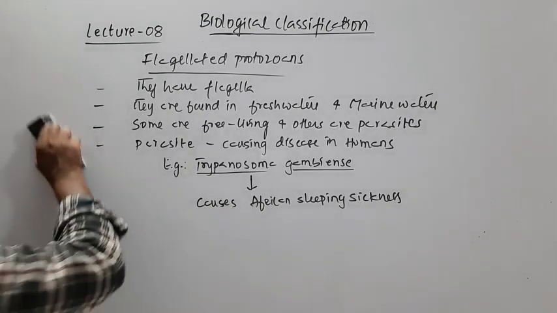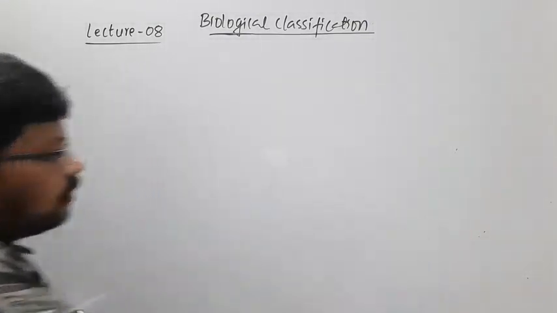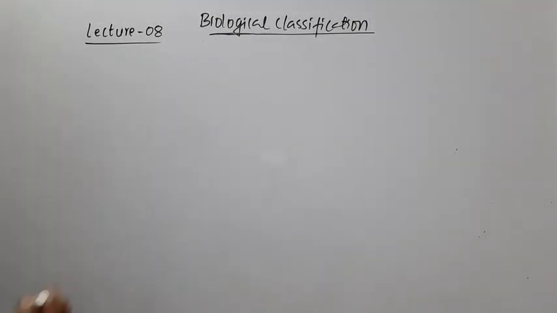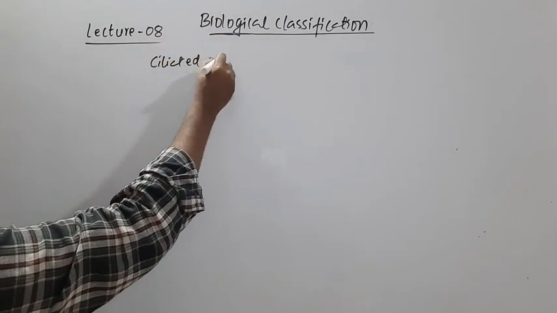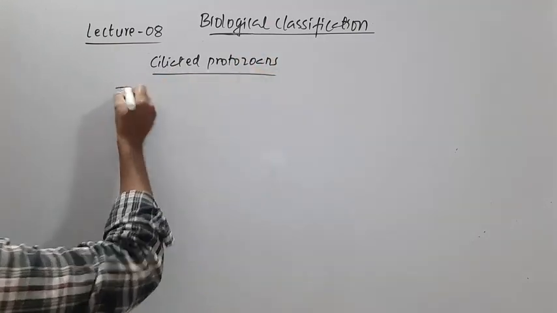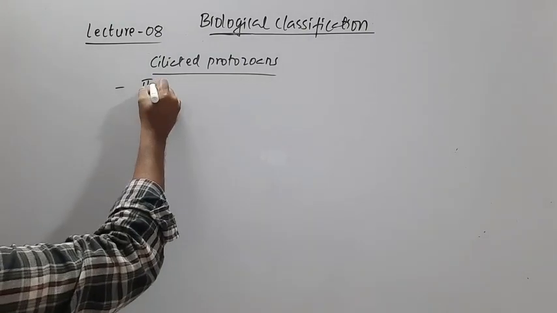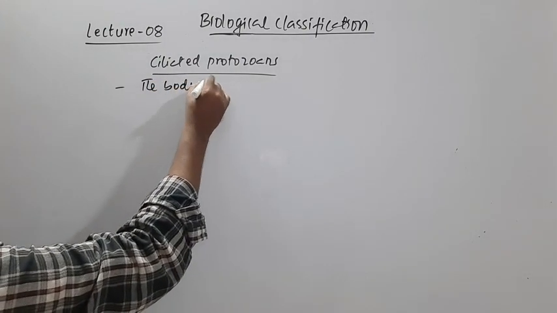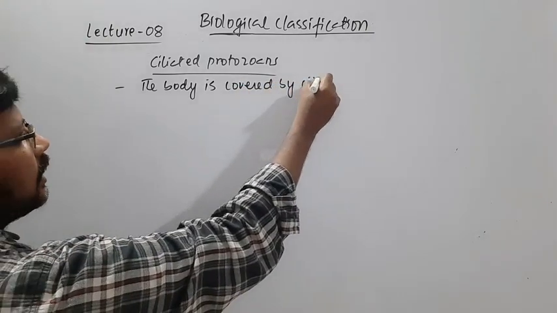Now let's see about ciliated protozoans. Here also the name tells us that these are the protozoans that have cilia. So here the body is covered by cilia.